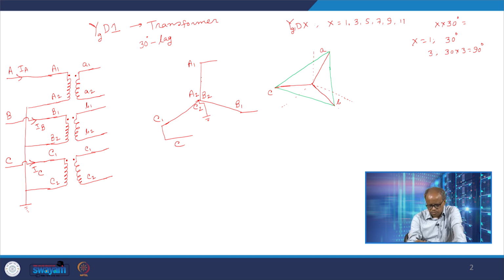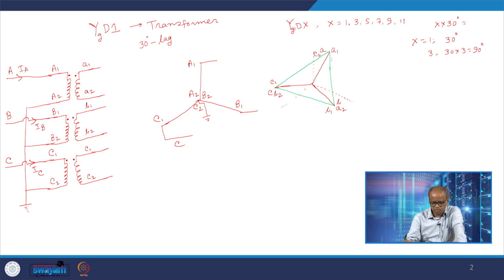Because this one is parallel to this, this terminal would be A1, A2, and because this is parallel to this, it would be B1, B2, and because this one is parallel to this, it will be C1, C2.